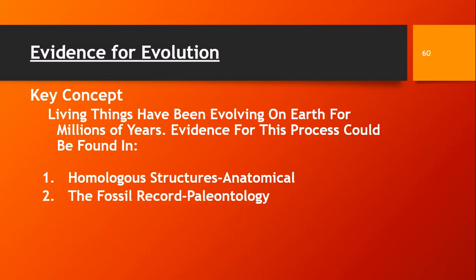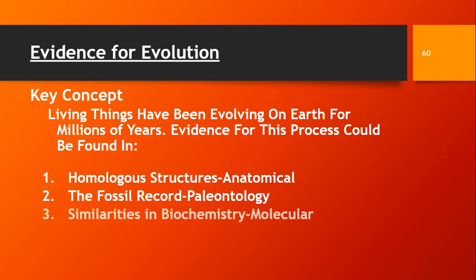The fossil record, which is paleontology, so we can see in bones that we dig up how they are similar to extinct species and species that are still living today. Similarities in their biochemistry or the molecular level, so how their DNA actually is compared to other organisms, both extinct and living.